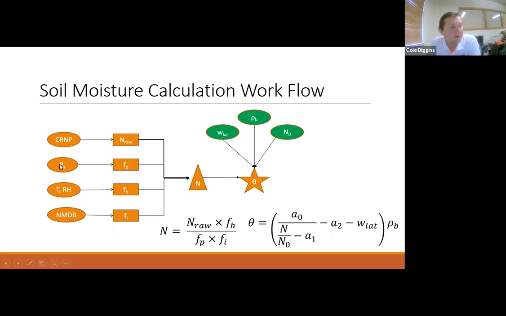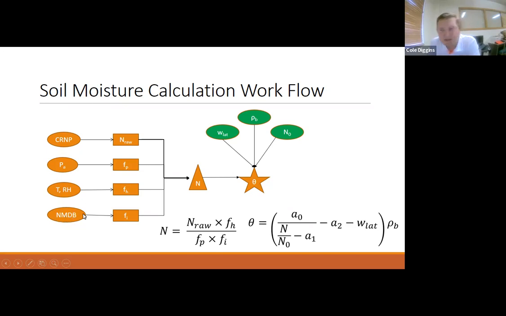And then we use the barometric pressure we are detecting at our weather station to get our atmospheric pressure correction factor, which each of these have formulas associated with them. These two formulas you can see down here at the bottom, but these also all have formulas associated with them. But instead of breaking it out for everybody's time, I thought that we could just talk about where these factors come from. The temperature and relative humidity goes into our absolute humidity correction factor.